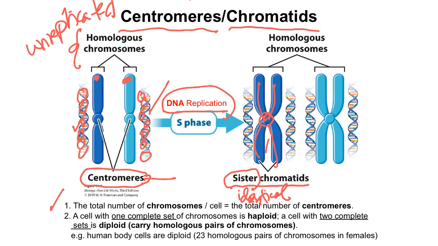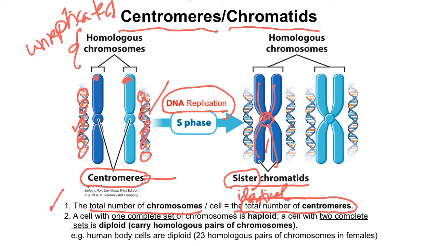So the total number of chromosomes is equal to the total number of centromeres that you see in the cell. This is the key: the total number of centromeres.